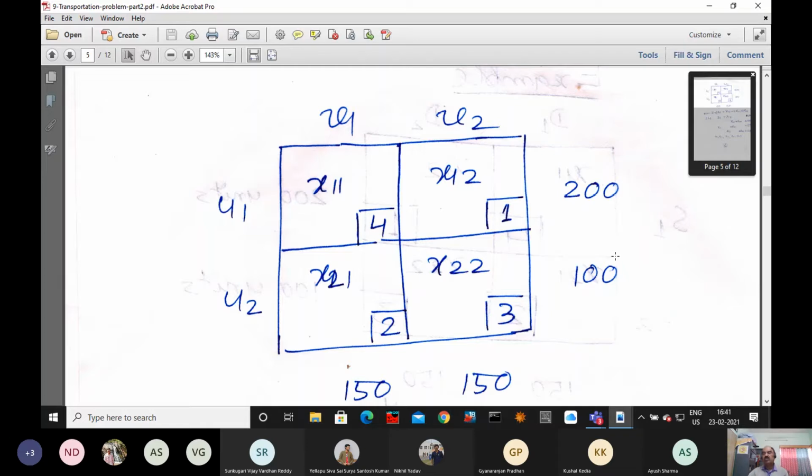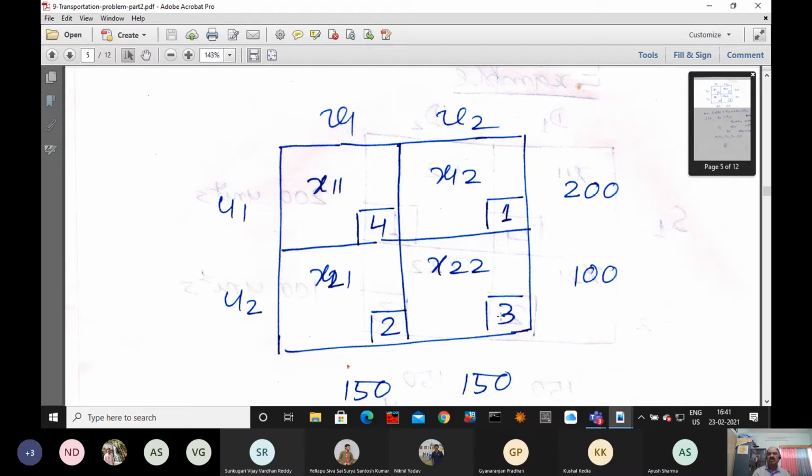In the first column, X11 equal to 150 and X21 equal to 0, so their sum equals 150, fulfilled. And 50 plus 100 is 150, fulfilled. So we have a trial solution: X11 equal to 150, X12 equal to 50, X21 equal to 0, X22 equal to 100. Is it clear?